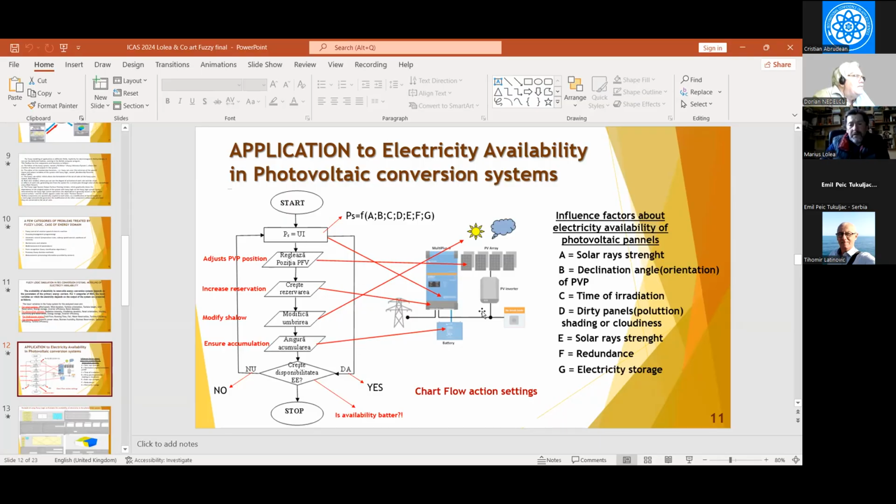For the rows, you can see the possibility to adjust, modify shadows, clean the panels for pollution, and ensure accumulation with a battery of accumulators. And at the end of the flow chart, at this diamond, if not, turn around to the start and adjust the terms again.